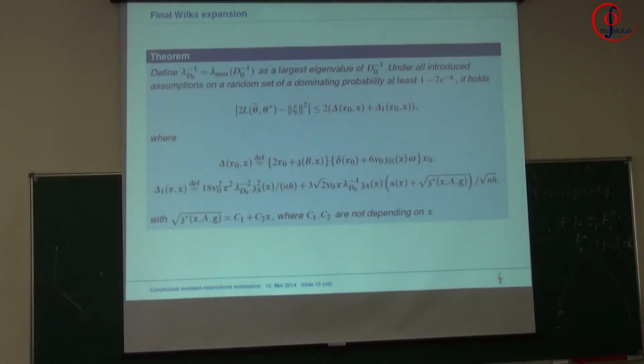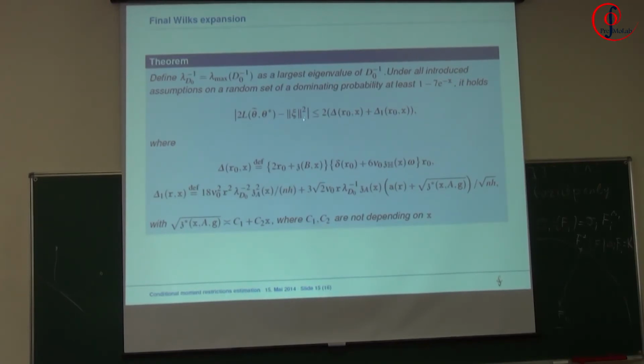Our final result gives us, under all the previous assumptions, a Wilks expansion for our observable L instead of L0, and it's highly concentrated around a quantity which has a chi-squared distribution asymptotically.